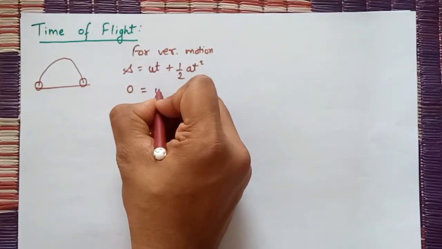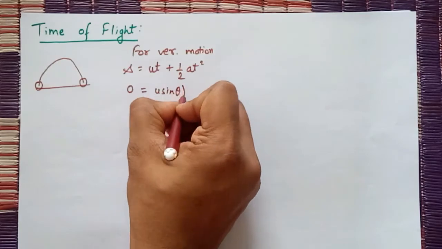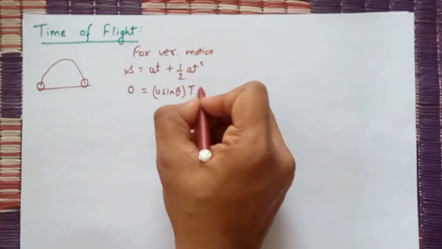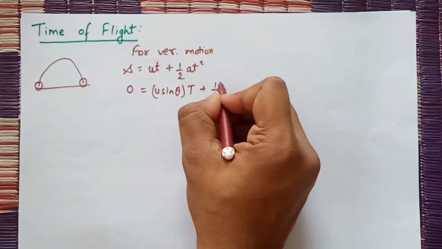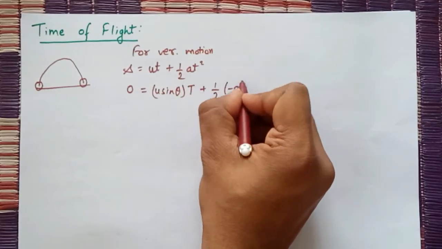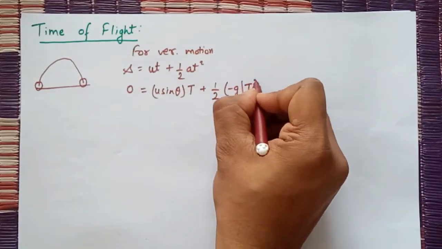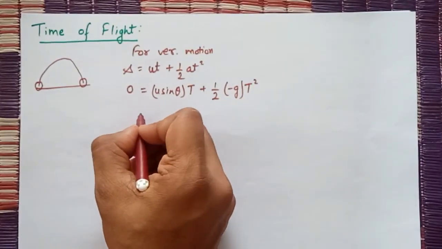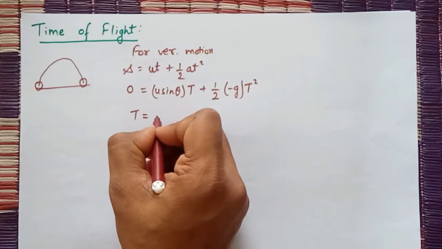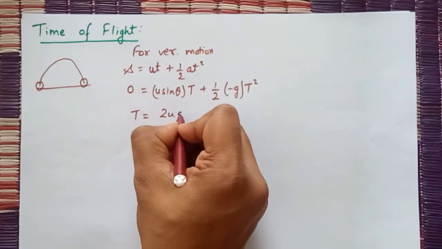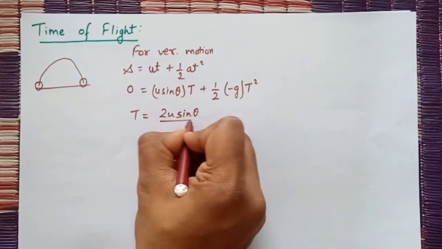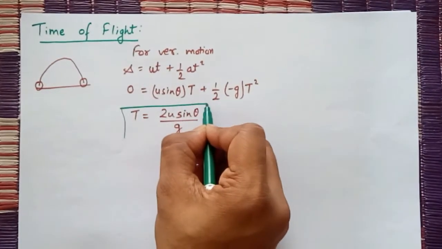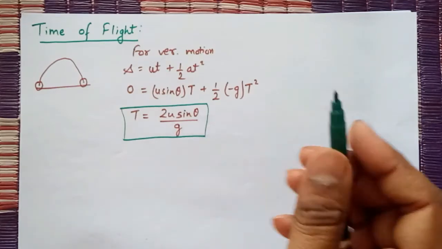It is u sine theta. What is time in the whole process? Let it be capital T, that is time of flight, plus 1 by 2. What is acceleration? That is minus of g. And what is time? Again capital T. So solving it from here, we will get capital T as 2u sine theta upon small g. This is time of flight for the projectile.